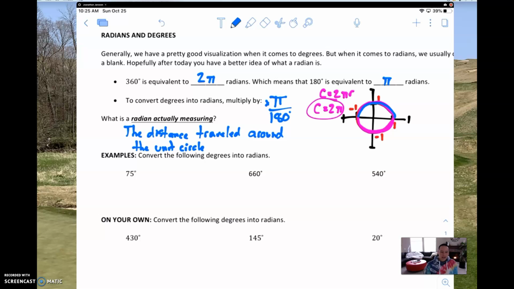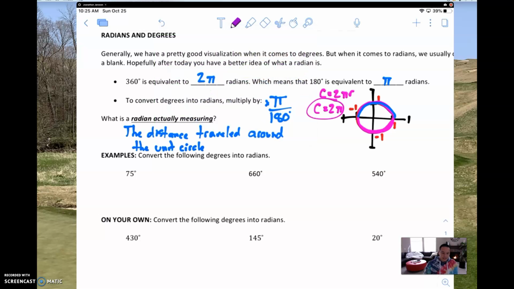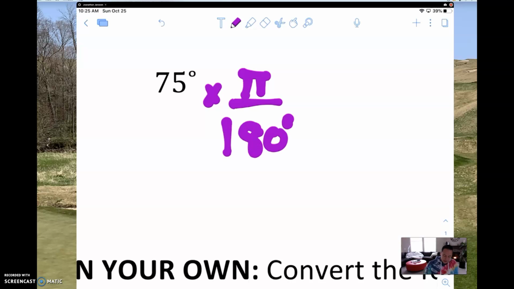So let's go ahead and convert a couple of these. 75 degrees, I want to know how many radians that is equal to. So what I'm going to do is I'm going to take 75 degrees and I'm going to multiply it by pi over 180 degrees. And by doing that, the degrees symbol here and here, they just cancel out with each other and you're left with radians.